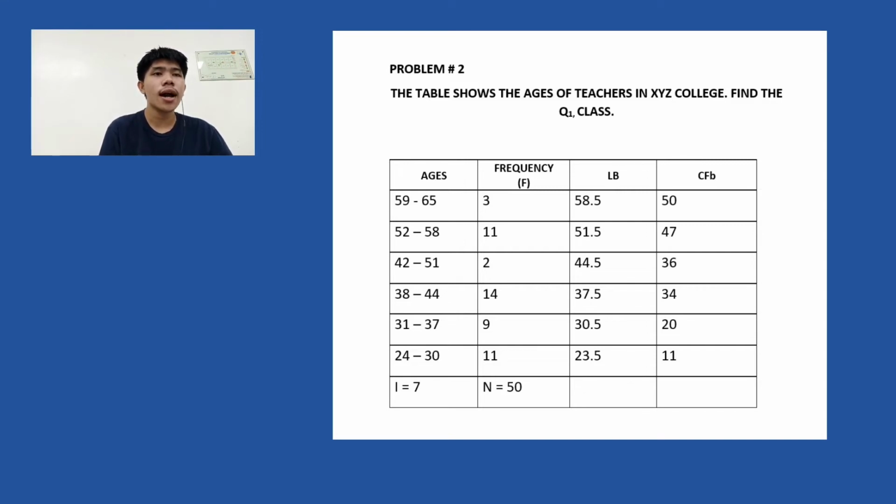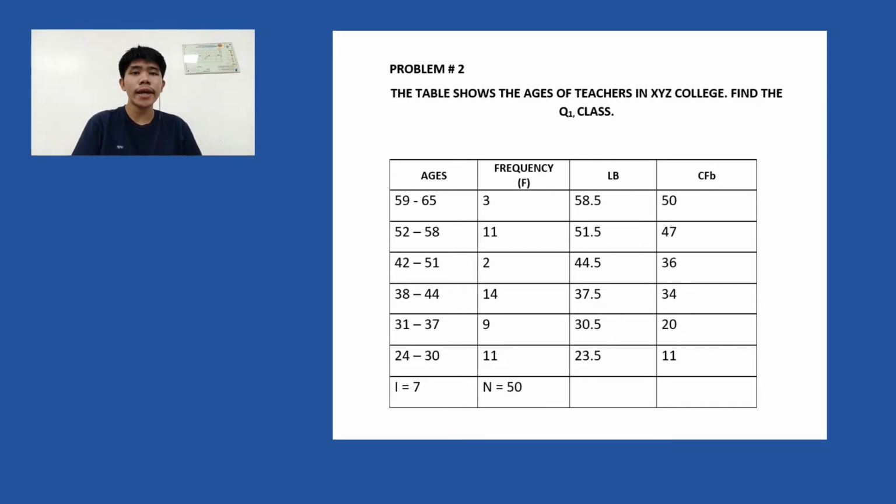So 20 added by 14 is 34, and 34 added by 2 is 36. 36 added by 11 is 47, and 47 added by 3 will give us 50. Remember that the last CFB should be the same as the total frequency. Our last CFB is 50, and our total frequency is also 50.